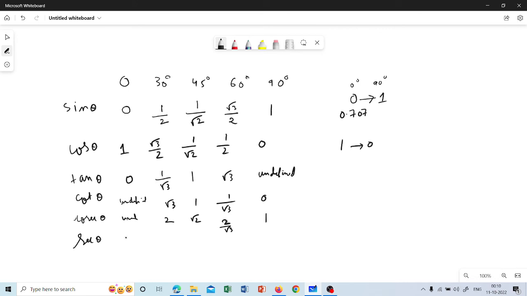It is cos theta whole inverse, not cos inverse. So 1 by 1 is 1. Then root 3 by 2 gives 2 by root 3, 1 by root 2 gives root 2, then 2 and then undefined.